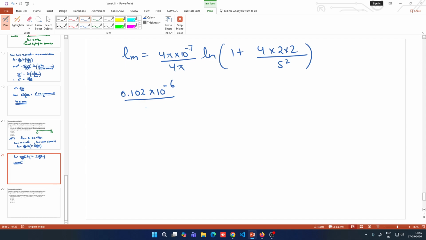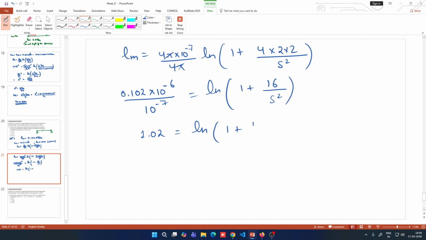So this minus 7 comes here, 4 pi gets cancelled out, and ln of 1 plus 16 over S square. This thing becomes 1.02 equals ln of 1 plus 16 by S square.